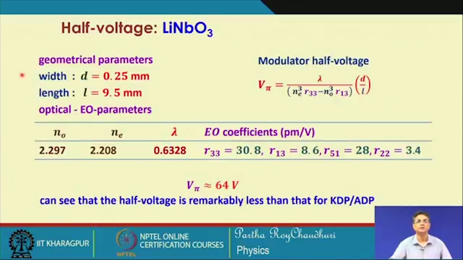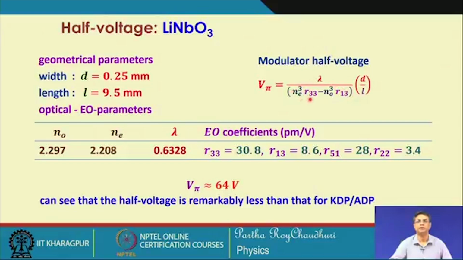So, for geometrical parameters, typical practical numbers used for practical modulators are d equal to 0.25 millimeter and L equal to 9.5 millimeter. In that case, you get this lambda and this value.